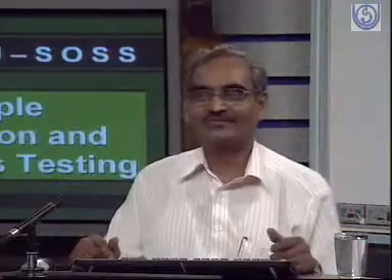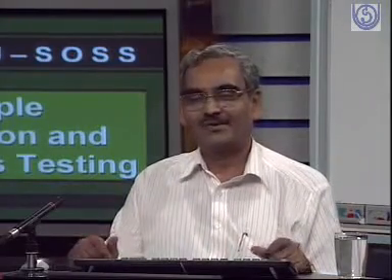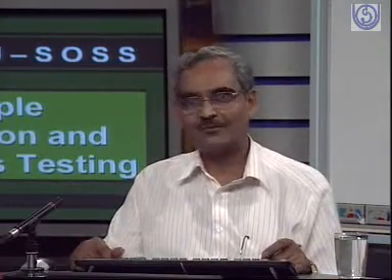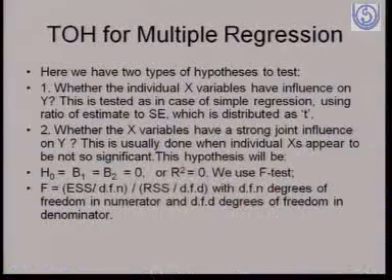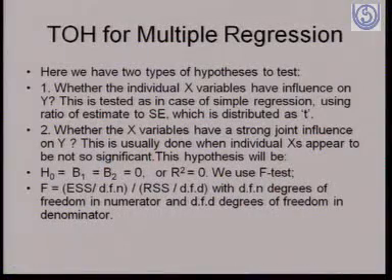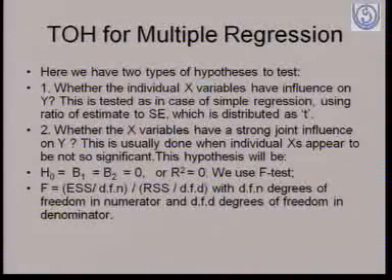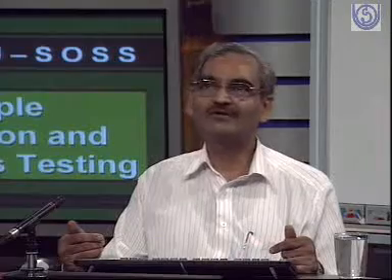Yes, sure. First, testing hypothesis regarding the effect of say x1. Procedure same. Divide the calculated B1 value by standard error. That will be distributed as T with given degrees of freedom. Compare with tabulated T values.